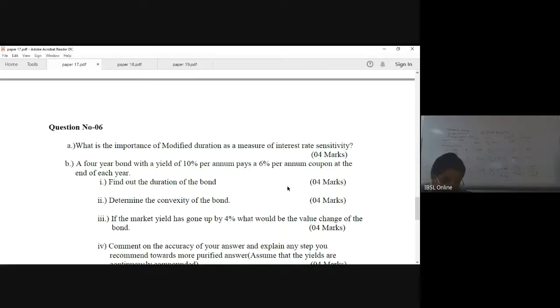Now, what you need to do is total up, and you can get the total present value. And after getting the total present value, you can calculate the weights. Now, you need to have a column for the weights, and that weight column and the time column can be multiplied. And you get another column called time into weight. The total of that column will give you the duration.